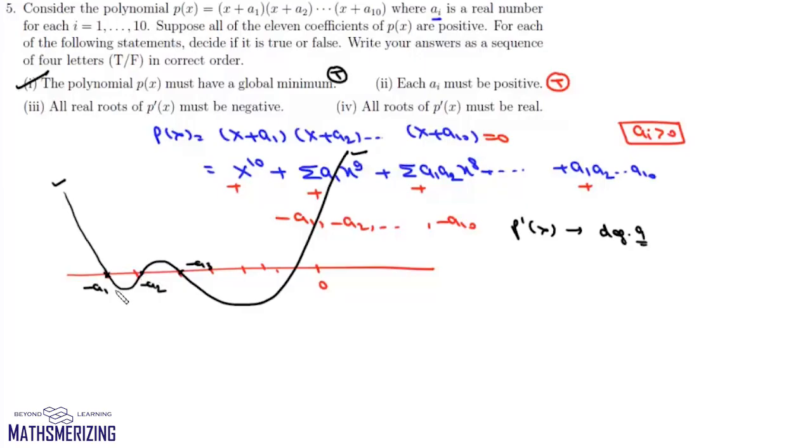So between minus a1 and minus a2 there will be one root. Between minus a2 and minus a3 there will be one root. So in between 10 roots there will be 9 roots of p dash x. So all the roots of p dash x must be real. And since all the roots of this equation are negative, roots of p dash x will also be negative. That means statement 3 is also true. So the answer to this question is true, true, true and true.